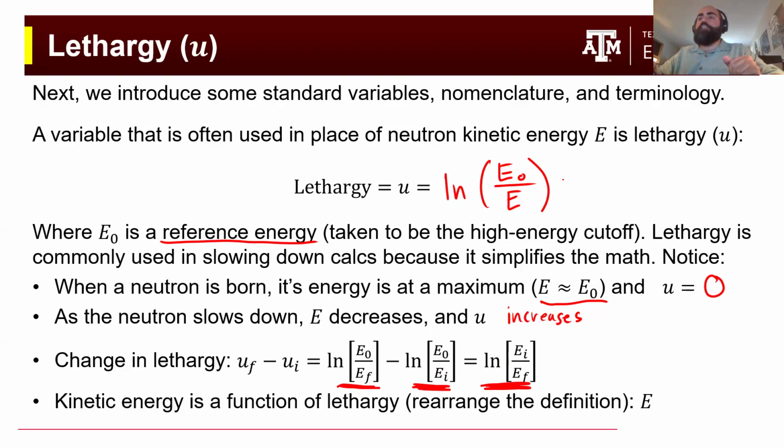And if we take this definition of lethargy and rearrange it to get E, the neutron kinetic energy, by itself, you should get E sub 0 times e to the minus u. That's just exponentiating both sides and then getting the kinetic energy E by itself.